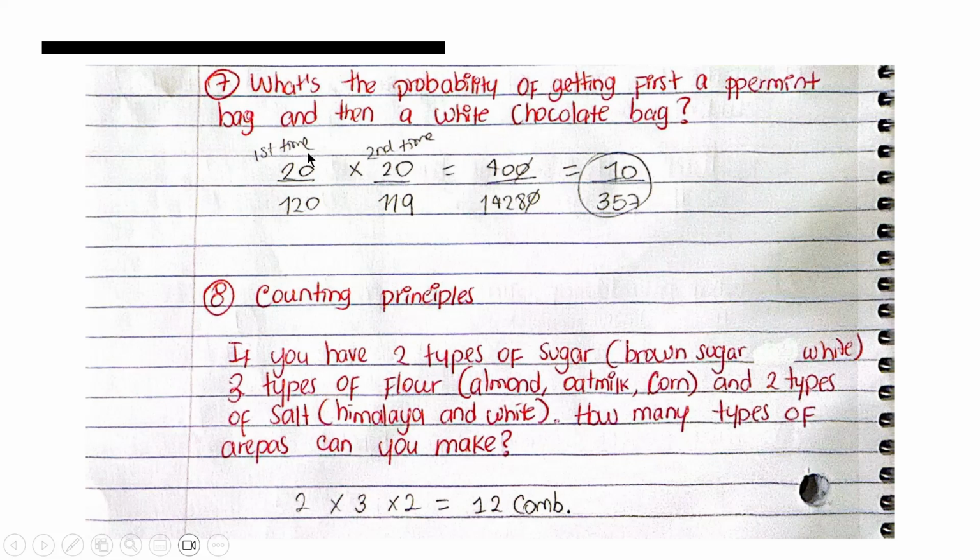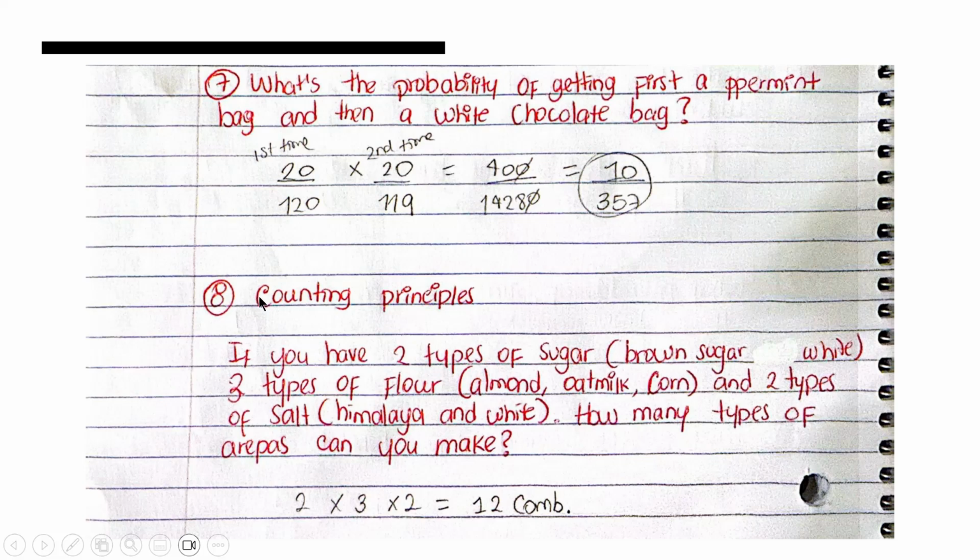So 20 times 20 will be 400 over 14,280. As these two finish in 0, we delete the 0 and we can simplify it into 10 over 357. So this will be the probability.